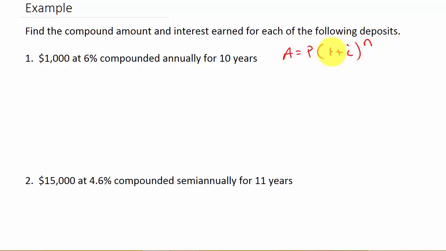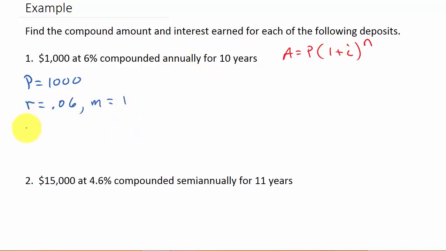So we need to figure out what everything is, so we can just plug it into our formula. So here I have P is equal to $1,000. Okay. R is equal to 0.06. M is equal, well, it's compounded annually, so M is 1.